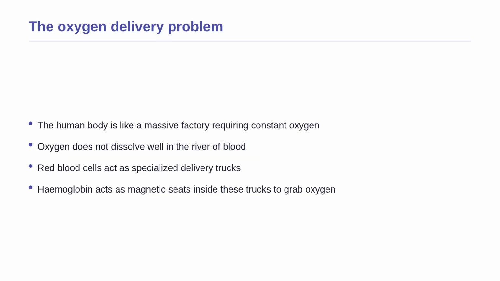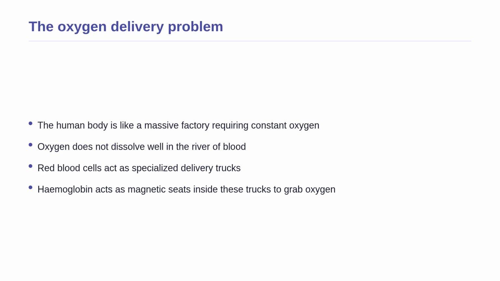To truly appreciate hemoglobin, imagine your body is a massive factory. Every single worker or cell in this factory constantly needs fresh supplies of oxygen to keep working. If you just threw oxygen into the river of blood flowing by, very little would dissolve and your workers would quickly suffocate.